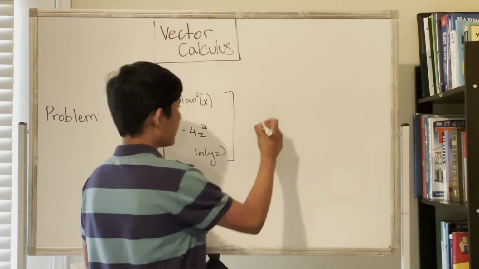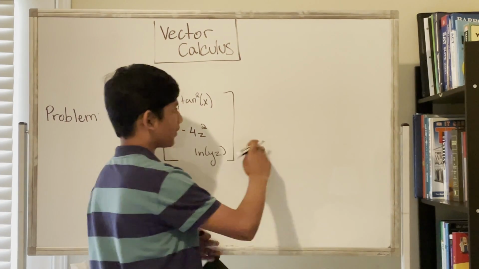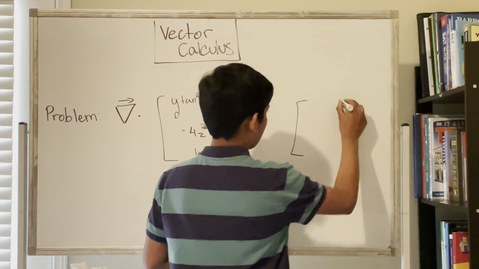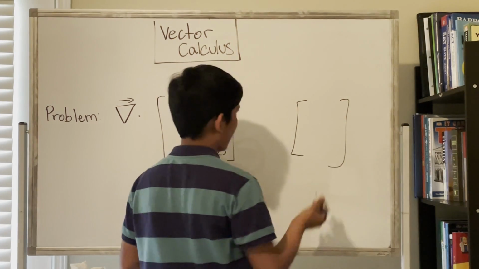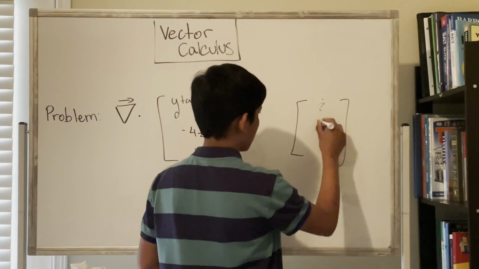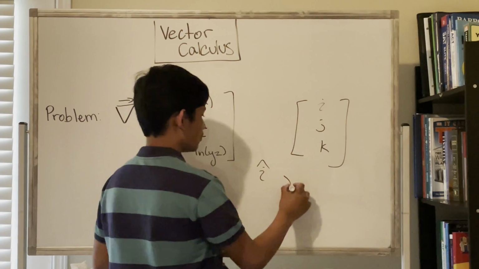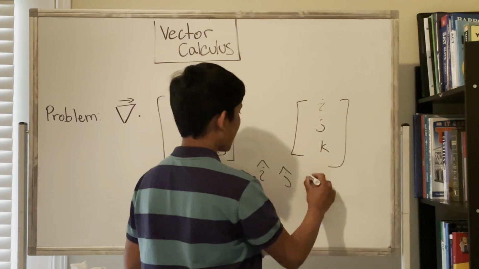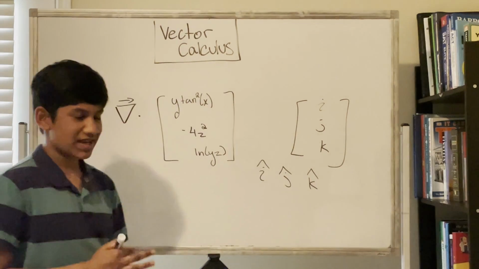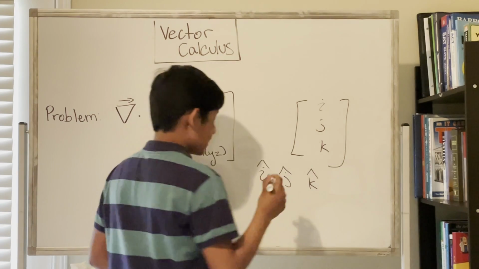The first way is to write it like this, over here. We can write it in the column vector form, where we have i hat, j hat, and k hat. Notice that i hat, j hat, and k hat are unit vectors in every direction of a 3D space.